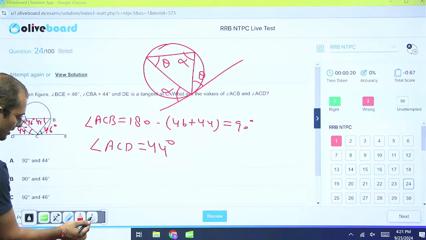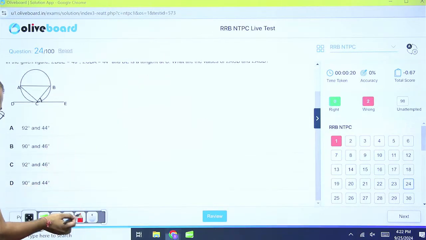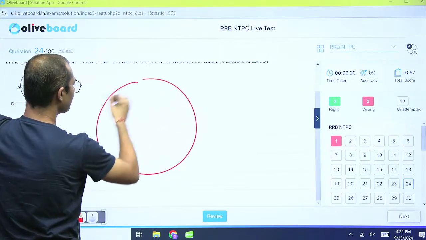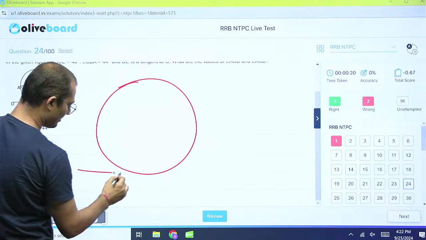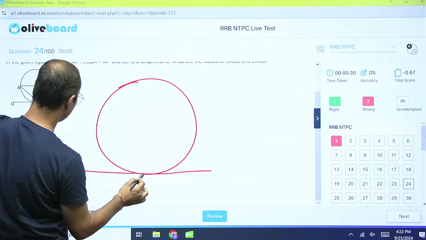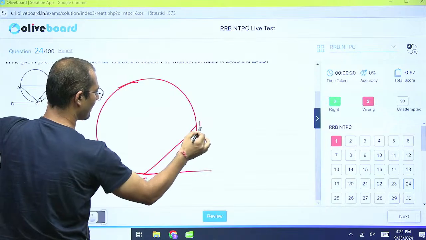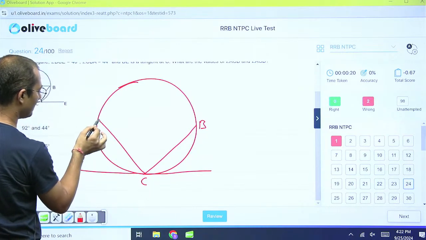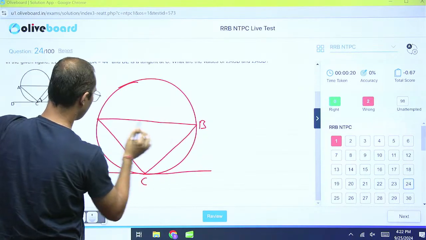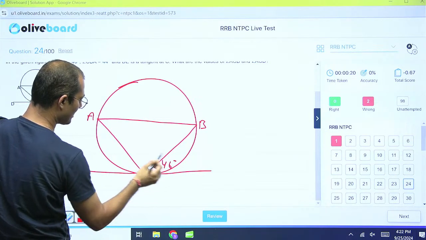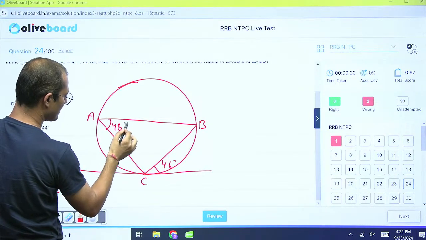See, this is the right answer. Got the point? Yes or no? I am explaining it again. This is the circle. This is the tangent, right? So there are two chords, one on this side, C and B, and one on this side, C. This angle is 46 degrees, so this would be equal to 46 degrees, right?